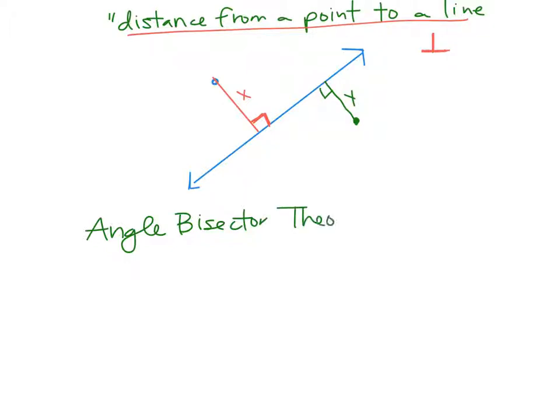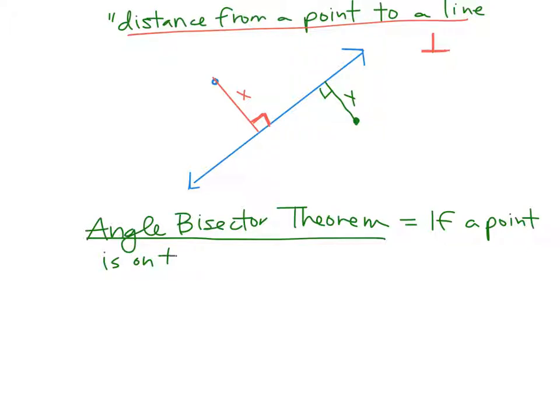And it really is saying a very similar thing to the perpendicular bisector theorem, but with angle bisectors instead. Here's what it says.